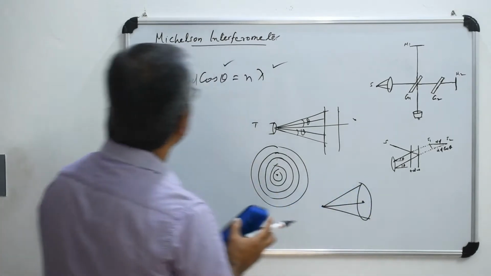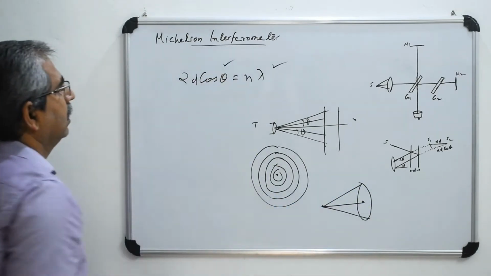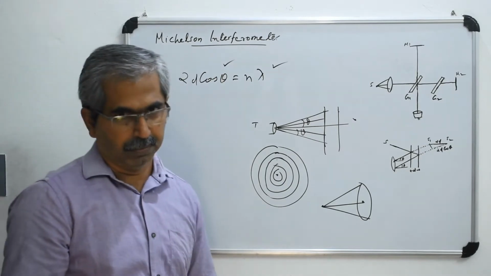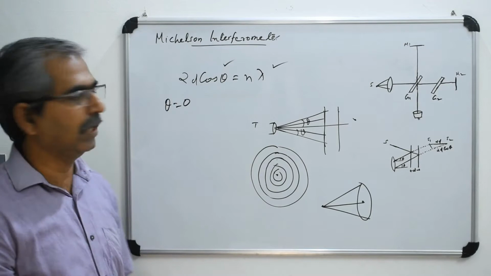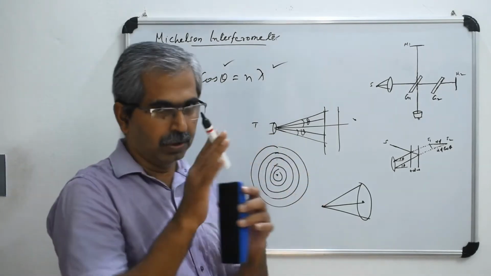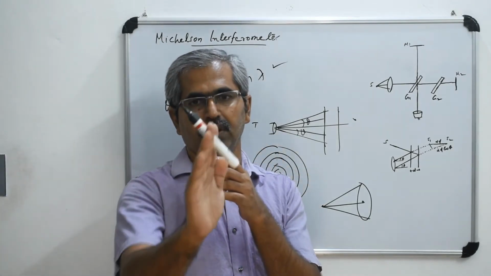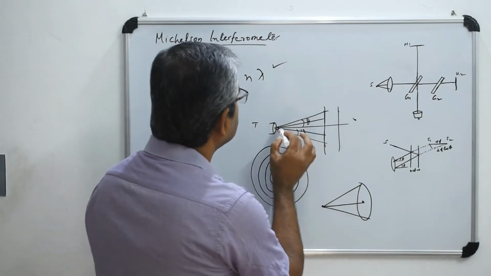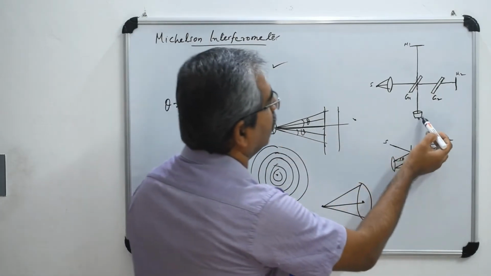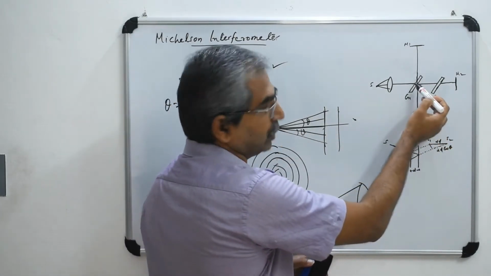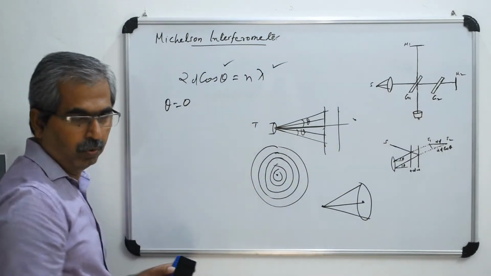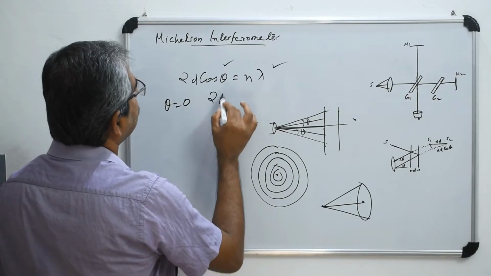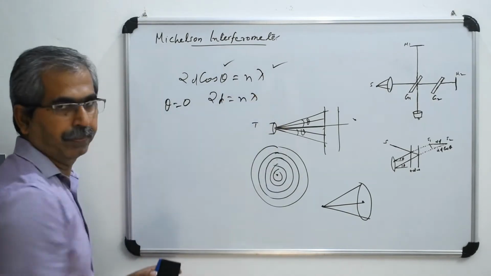Now, see, this is the condition 2d cos theta equal to n lambda. When theta equal to 0, you are looking at the center, isn't it? That means along this direction, you are looking at the center of the arrangement. So cos 0 equal to 1. What is the condition? 2d equal to n lambda.